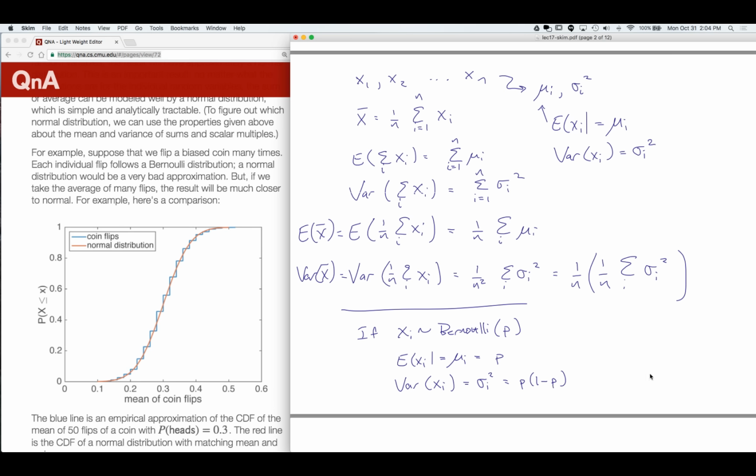And so if I add together 50 of these, if I take the mean of 50 of these, E of x bar is still going to be p, and the variance of x bar is going to be 1 over 50 times p times 1 minus p.